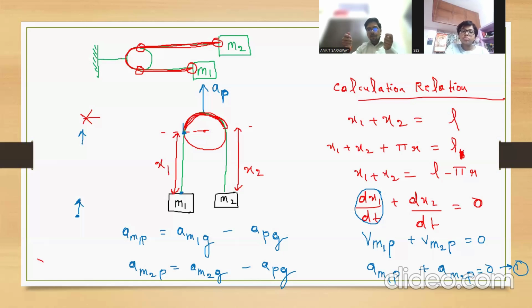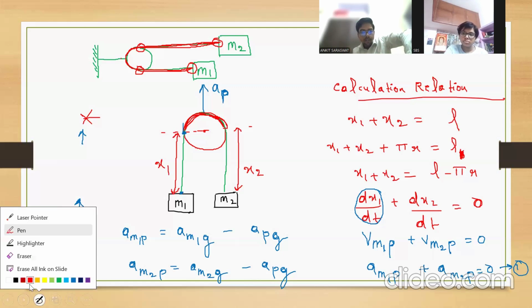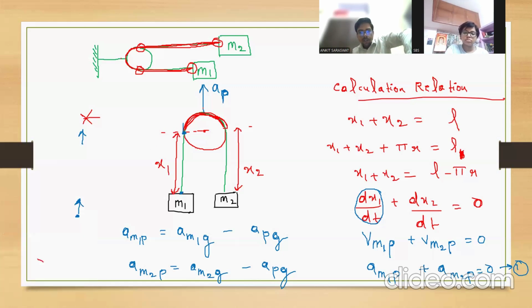Clear? Velocity of m1 with respect to pulley means our observer is on the pulley. So x1 will vary; the change in x1 depends on both.